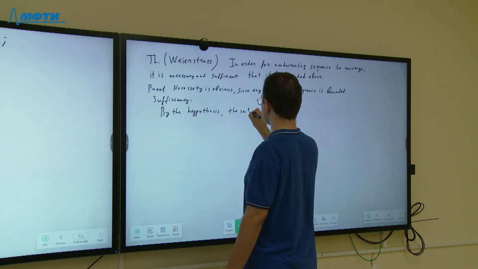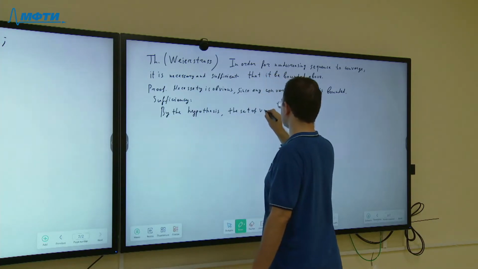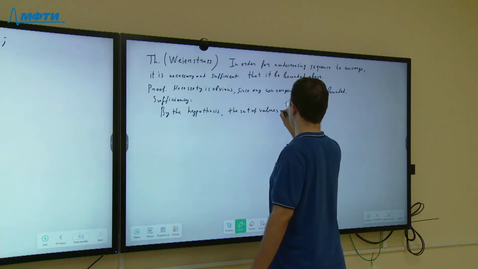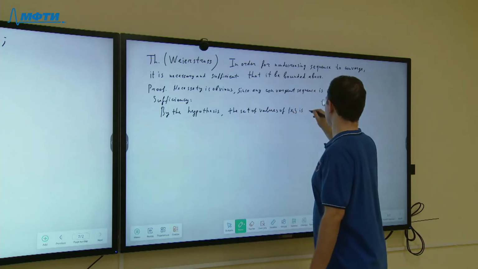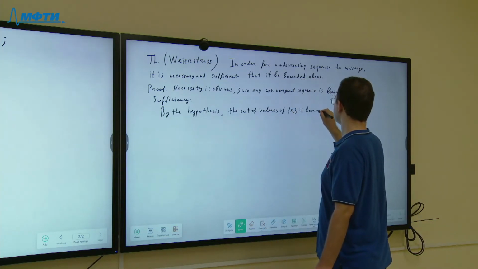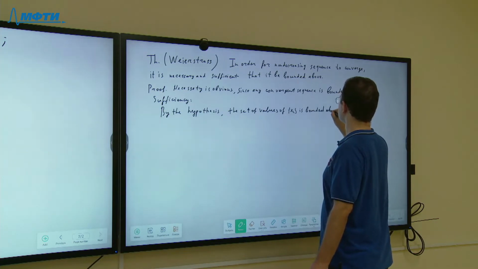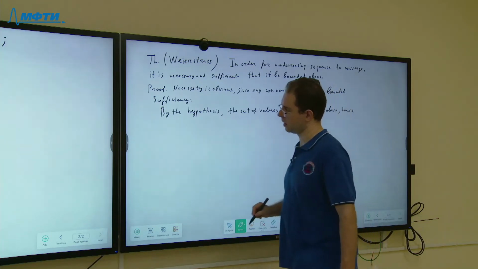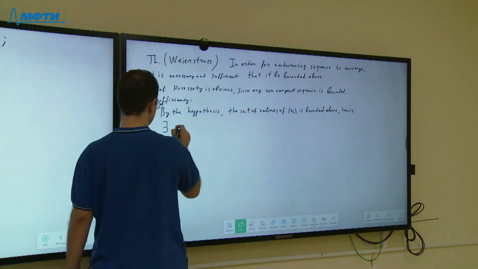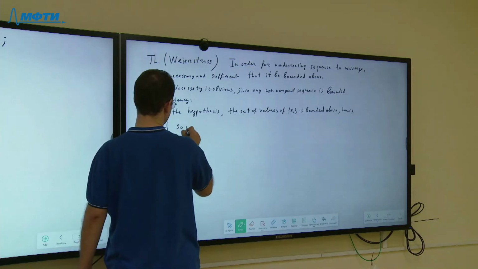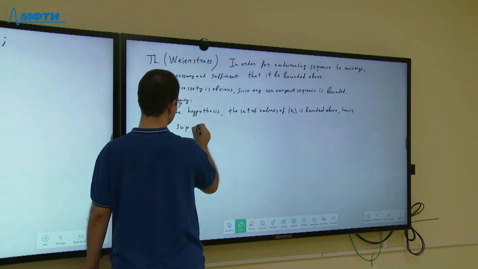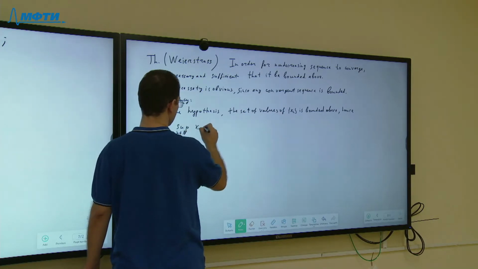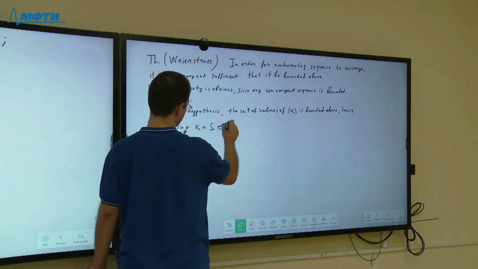The set of values of our sequence is bounded above. Hence, there exists a supremum of all of those numbers, which I will call S. This is a real number.